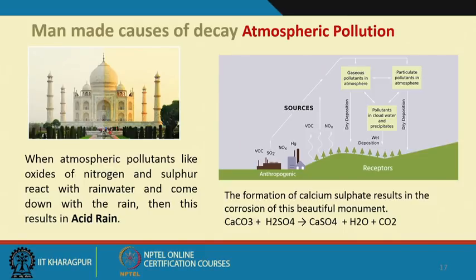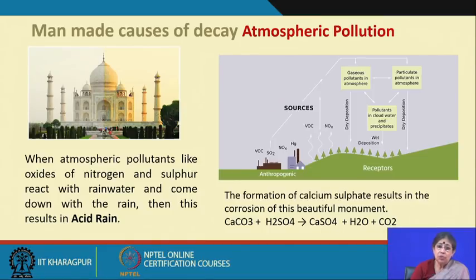So, one must understand what the reason is, what the process is, and what type of mitigation measures to use, such as the height of the chimney or totally removing such polluting industries from the close vicinity, to a certain distance where they cannot cause this type of problem.